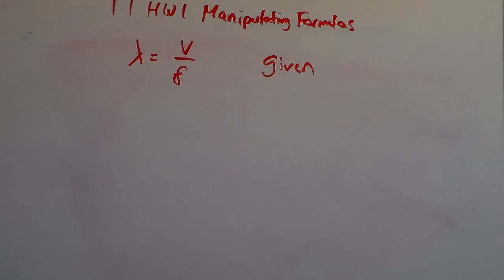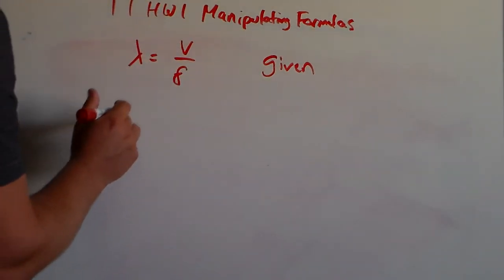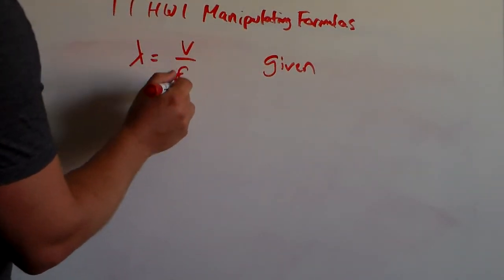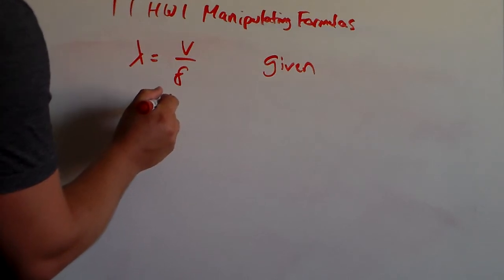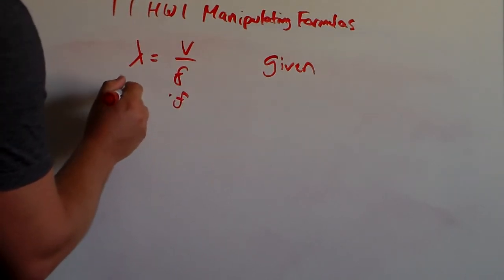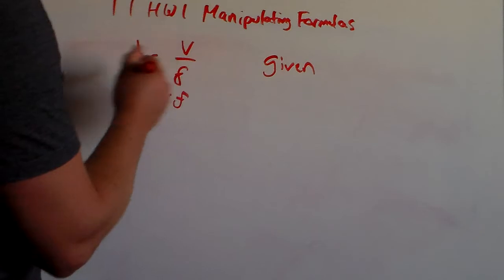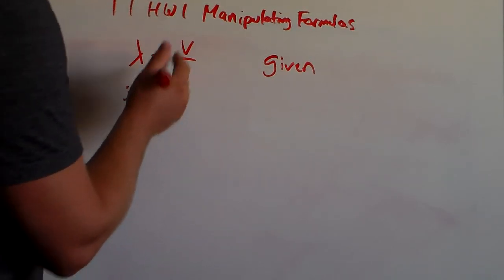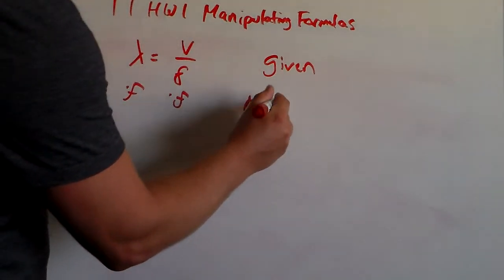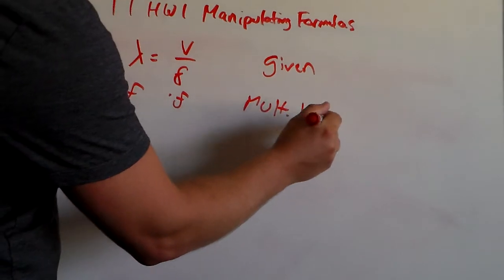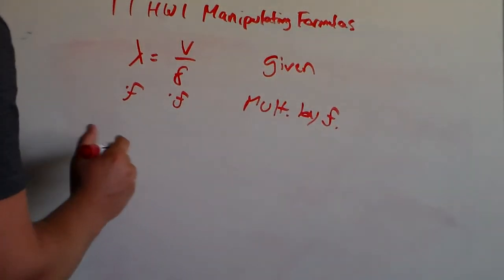The wave velocity letter is v, so our goal is to get v by itself. So, to get v by itself, we have to move this divide by f to the other side. So we're going to multiply by f using our inverse operations to move f over to the other side to get v by itself. So we multiply by the frequency to both sides.